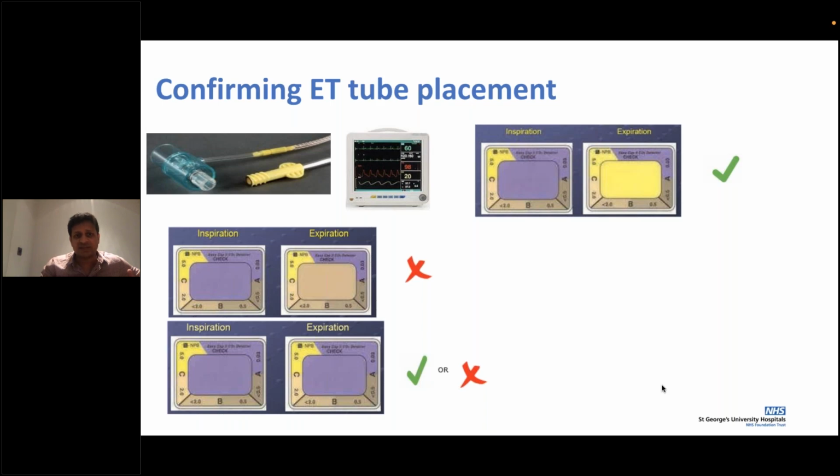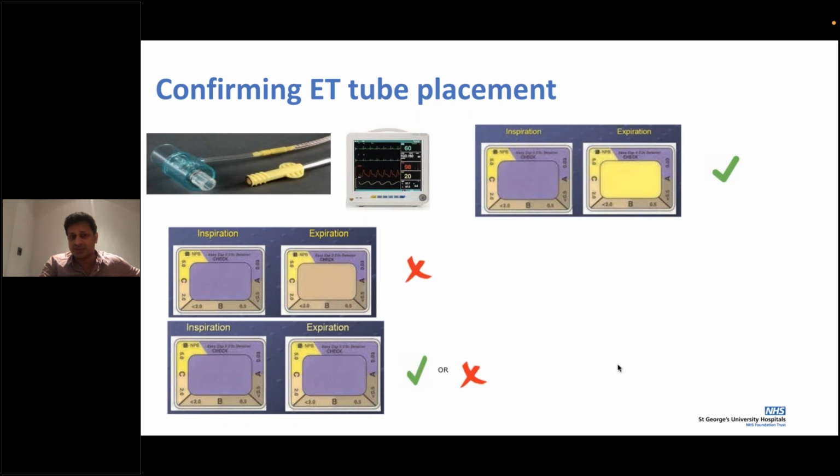And of course, if there is cardiovascular arrest, so if there is no cardiac output, you may not necessarily get the color change. In that case, if you're absolutely certain you've got the tube in, and your nasogastric tube does not have any air coming out, you may need to proceed with chest compression.